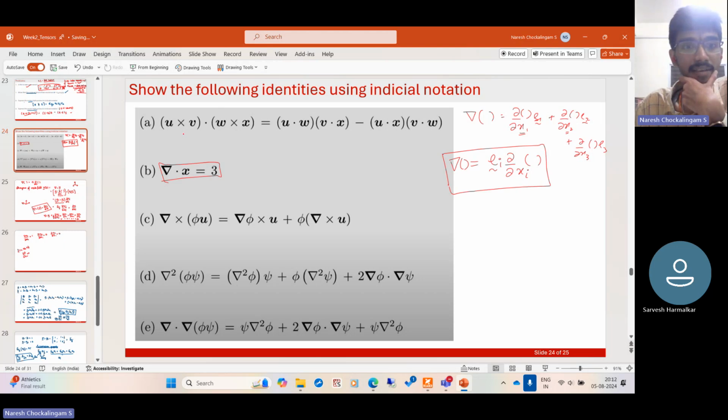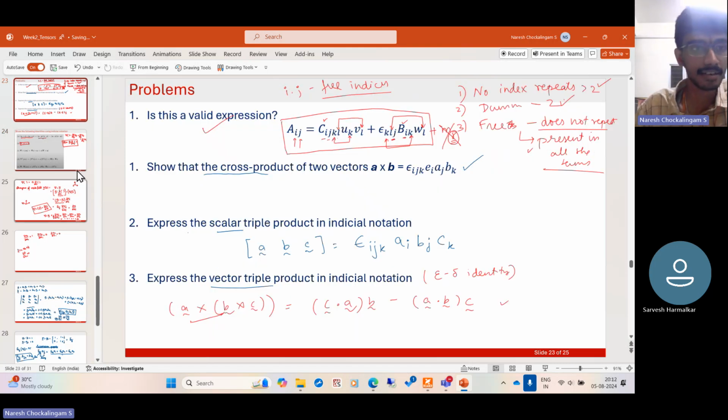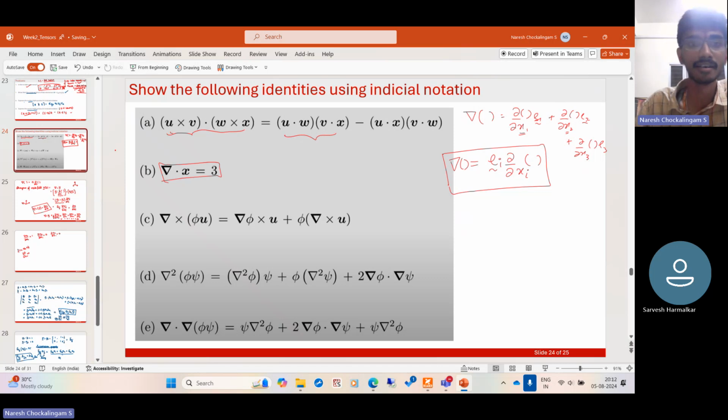Similarly, all of these can be straightforwardly proven. If you just express this in indicial notation, it will directly fall into place. Just as we proved for the triple product, the steps might be longer, but at every step, make sure that for the delta, you use the substitution property.